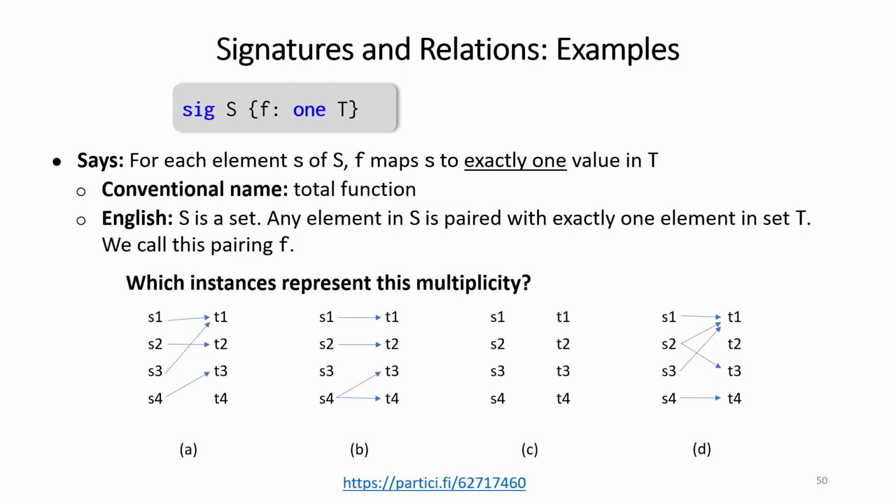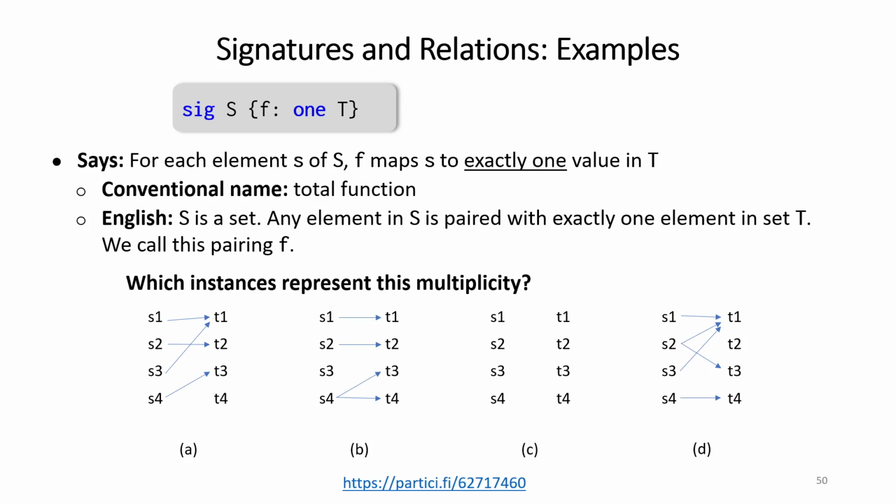Okay, now, what if we change it to 1? Should we just go over them? So who thinks that the first one is representing this multiplicity 1? So this means that each element from the left is mapped to exactly one element on the right. Who thinks it's not the case? I mean, we can just count, right? This one is mapped to 1, this mapped to 1, they're all mapped to 1. So this one satisfies the multiplicity 1. This one here doesn't, for the same reason as before, because this is actually 2.